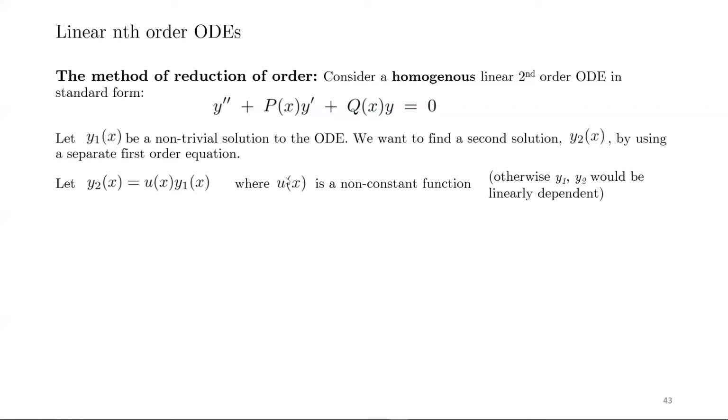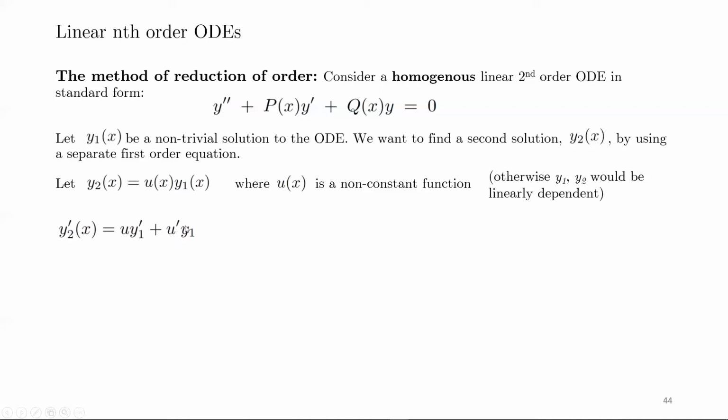So if, let's say initially I hold u constant, I'm going to get u times y1 prime, plus, holding y1 constant, u prime times y1. So y2 prime, the derivative of y2, is equal to u times y1 prime plus u prime times y1 by the product rule.